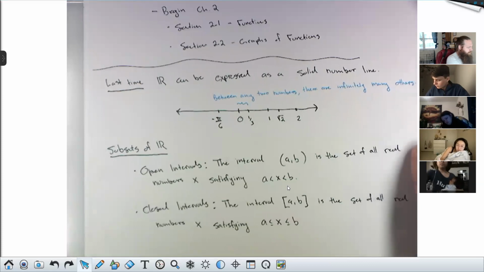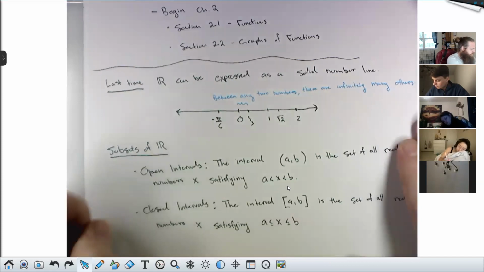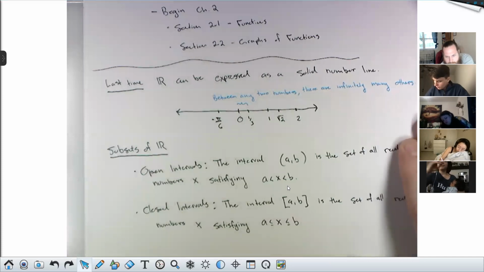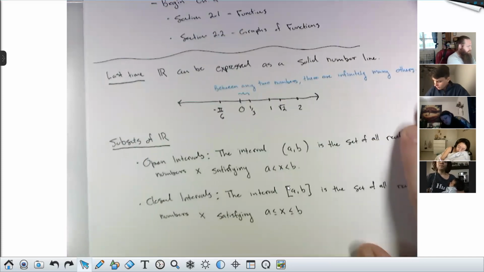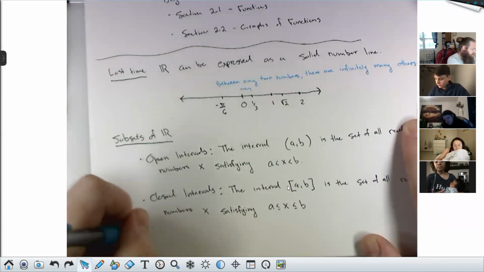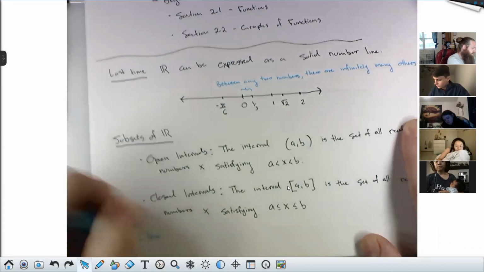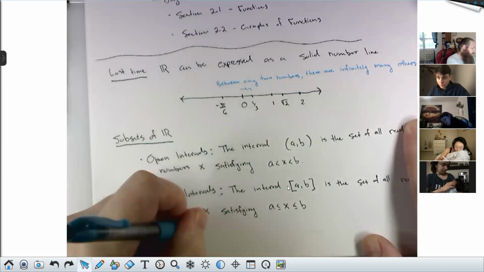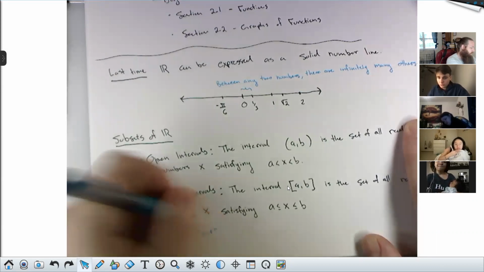Some thoughts on inequalities, by the way. I'll call this a note. Inequalities always eat the bigger number.